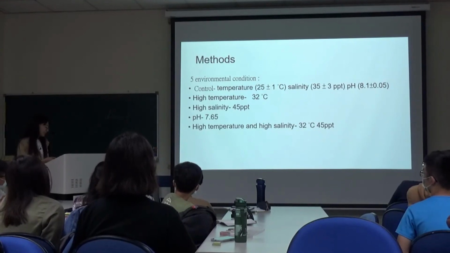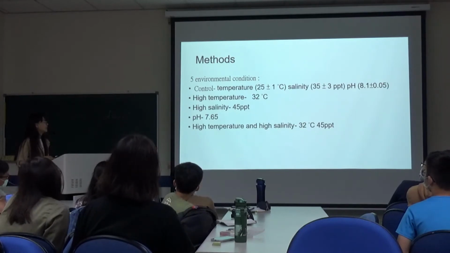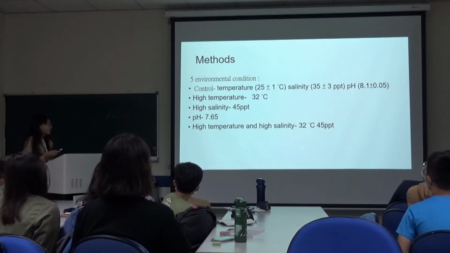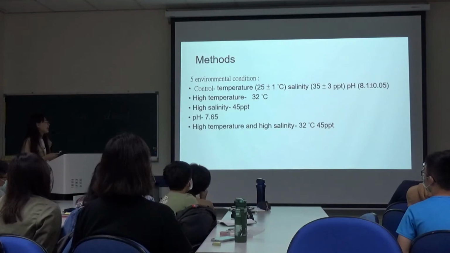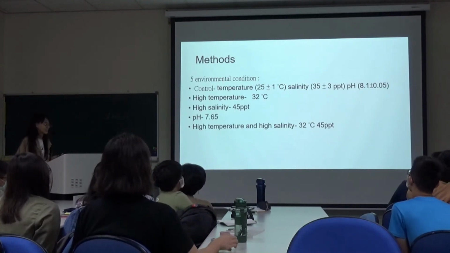The following experiments. Each experiment will use these 5 environmental conditions. One is control: the temperature, salinity, and pH value. Then high temperature, high salinity and low pH, and high temperature and high salinity.